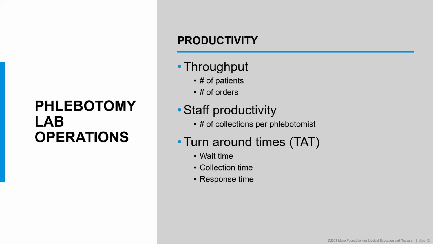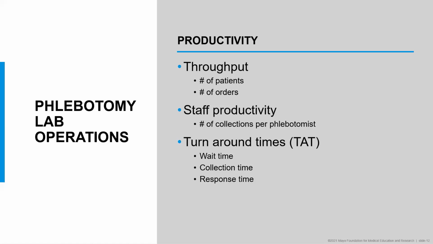For an outpatient area, you can look at how many patients are coming through the outpatient area per day. You can track that by month, so you have an idea how many patients you are servicing a day. You can also look at how many orders you are servicing a day, because one patient can have multiple orders. Now you can quantify what it is that you're doing.